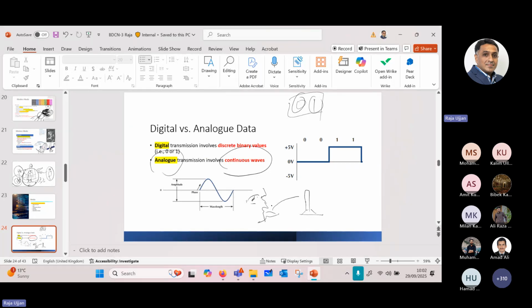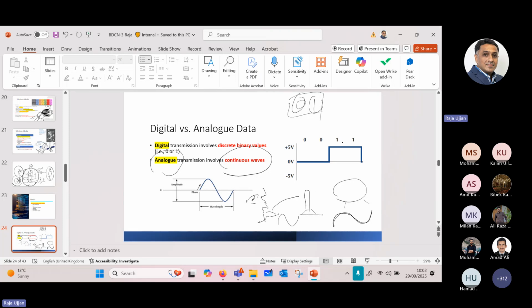So my voice is a form of analog signal. Why? Anything coming from the tongue is a continuous signal, or anything coming from your speaker. Whenever a signal is coming from a speaker, this is an analog signal. So audio from a speaker is analog, and audio from your mouth is again an analog signal, because it's a continuous signal.